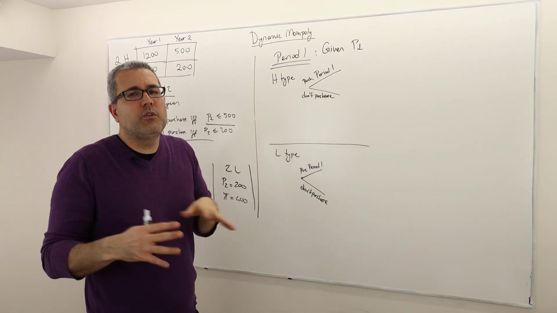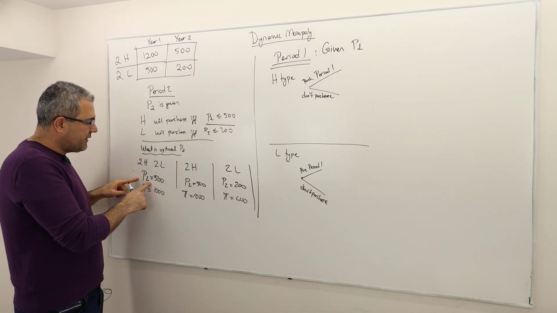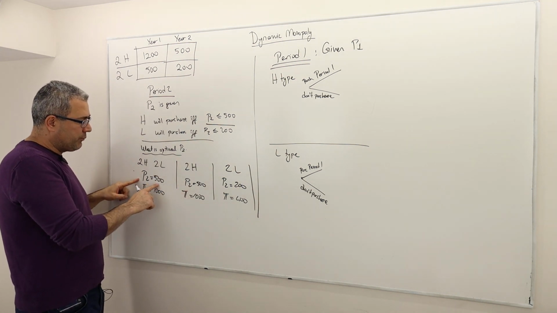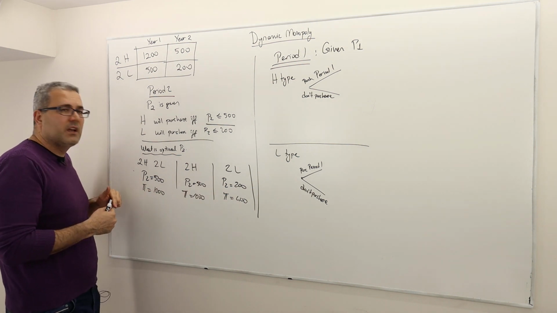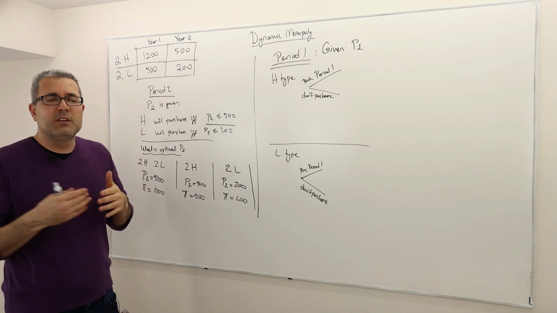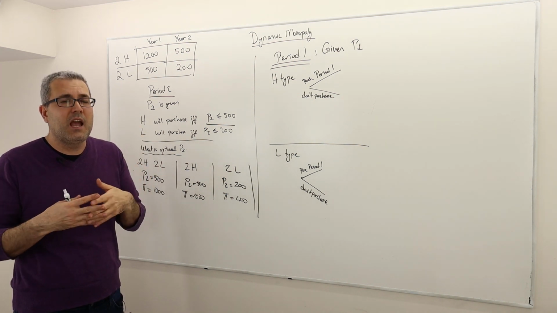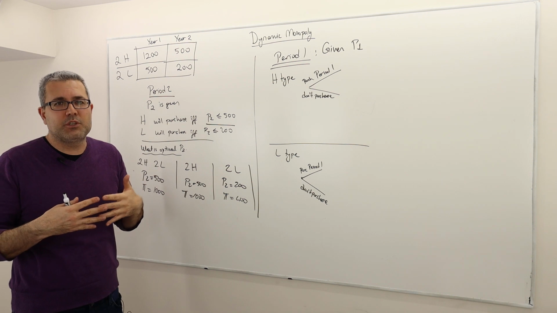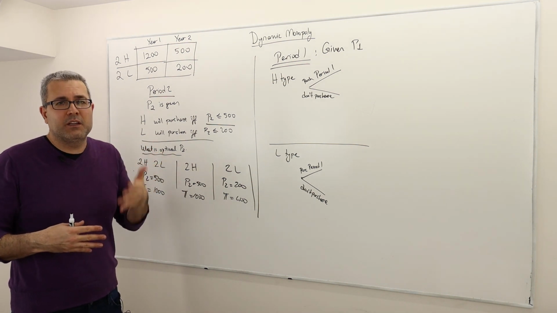But I'm going to ignore never purchase. Why? Because in the second period, the price will be at most $500, which means the high type will be indifferent between purchasing in the second period and not purchasing. And in this case, by assumption, we assume that the high type will definitely purchase.